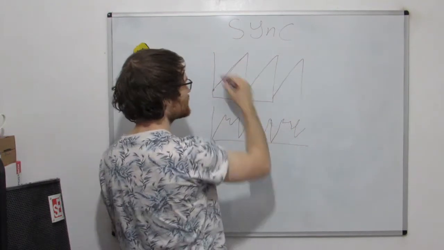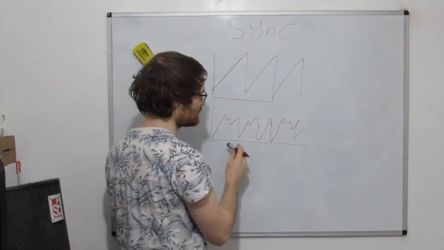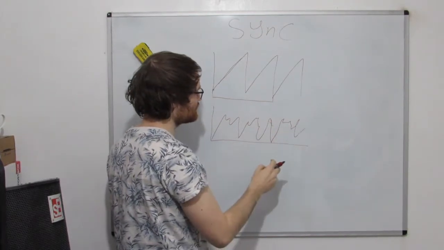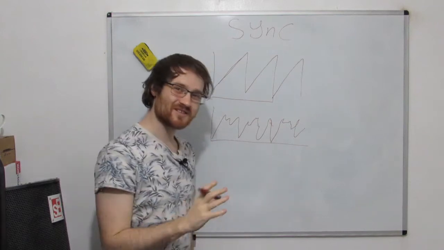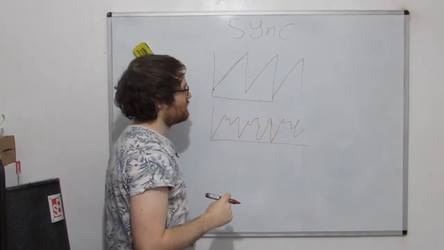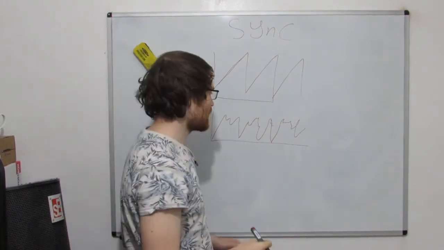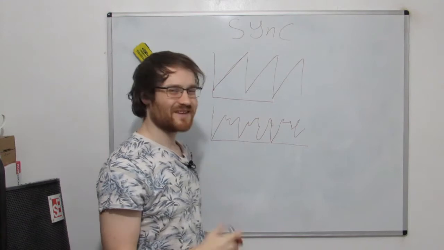So you're using this oscillator to control the frequency of this oscillator so that you can control the pitch of this oscillator, but not the timbre. So you can control the pitch of this oscillator with a different oscillator, and it has a certain sound.